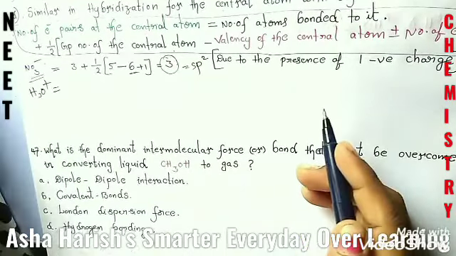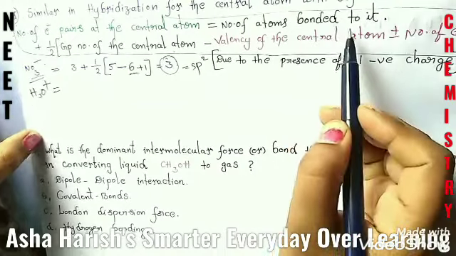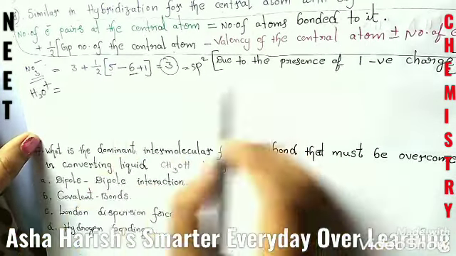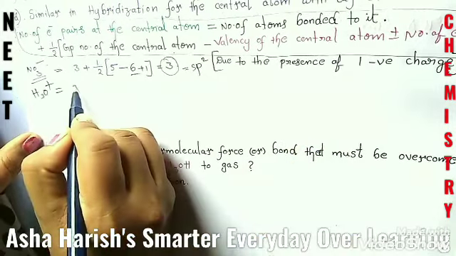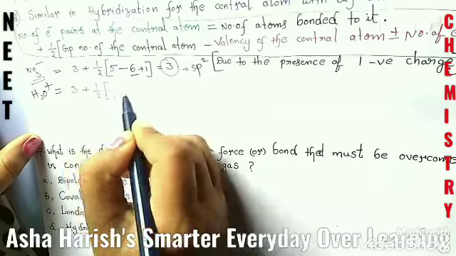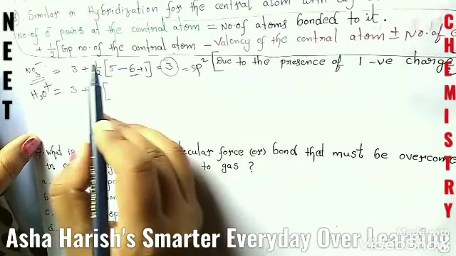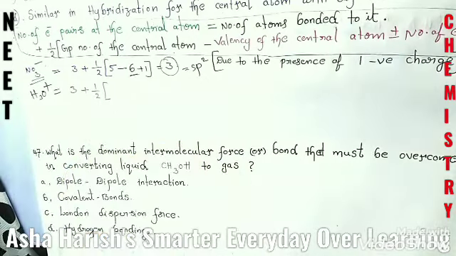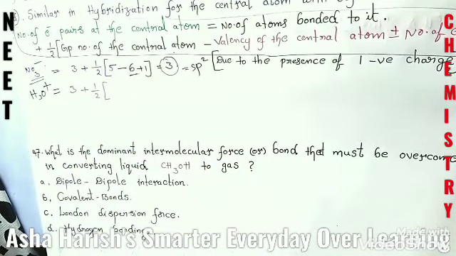First we need to find out the number of bonded atoms. Here in H3O plus, the number of bonded atoms is 3, and 3 plus half into the group number of the central atom.